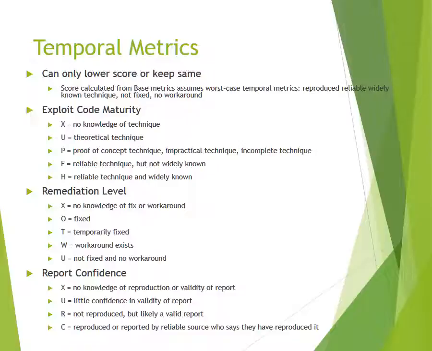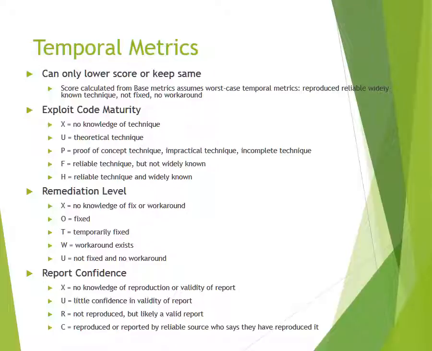It is a widely known technique, and it's not fixed, and there's no workaround. So if all those are true, then the temporal metrics have no effect, because that's the worst case, and that's already been assumed. But if any of these is not the case, for example, it's not a reliable technique that's widely known.